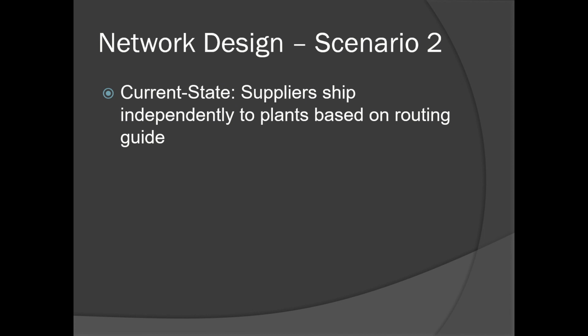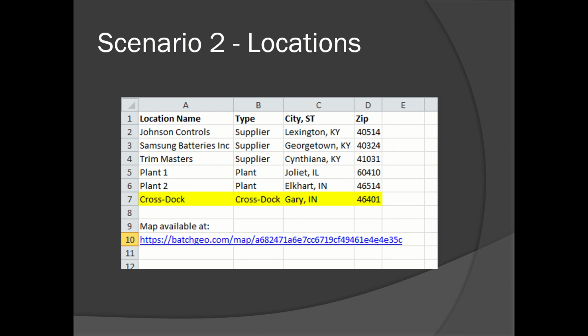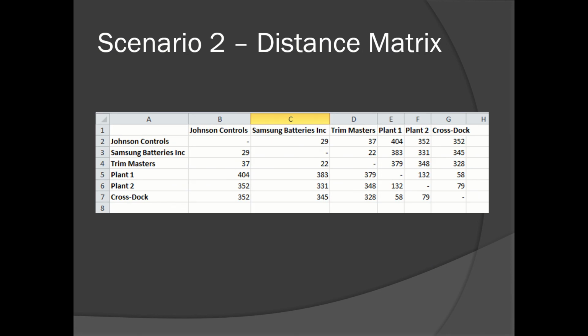Right now the suppliers are shipping independently to the plants based on the routing guide. Last week there were 8 truckloads, so we've increased the volume pretty considerably here, right? At a cost of just under $9,000. In the scenario 2 file, you'll see there is a cross dock added, and you can also see it in the distance matrix.